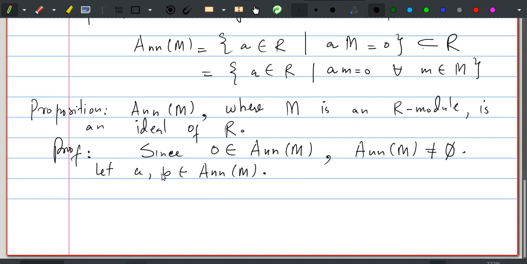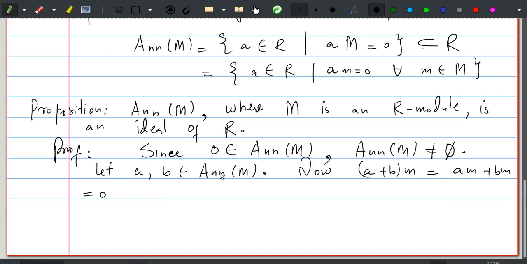To prove a plus b is in this set, we have to prove a plus b annihilates M. So (a plus b) m, using the module actions, is am plus bm, which is 0. Now this m is an element of the module M. Why is this 0?